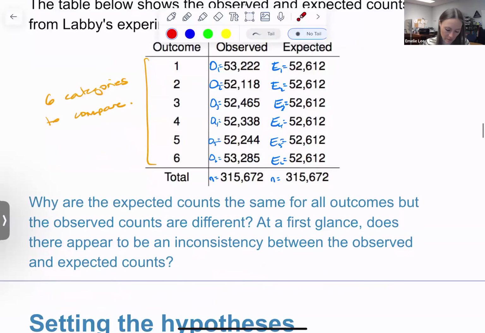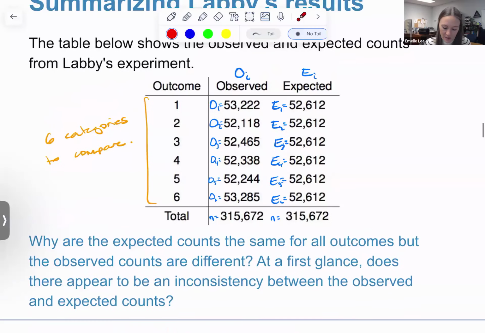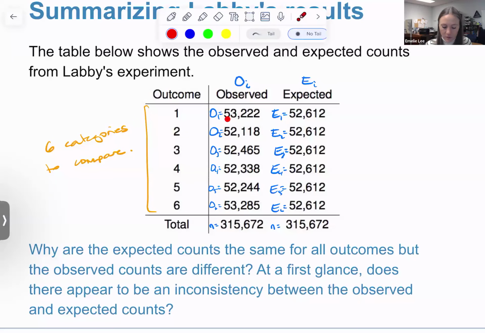And so we talked about why these are different. Our goal is to determine, well, 53,222 is different from 52,612, and 52,118 is different from 52,612. But cohesively, is there evidence that they're significantly different from each other?